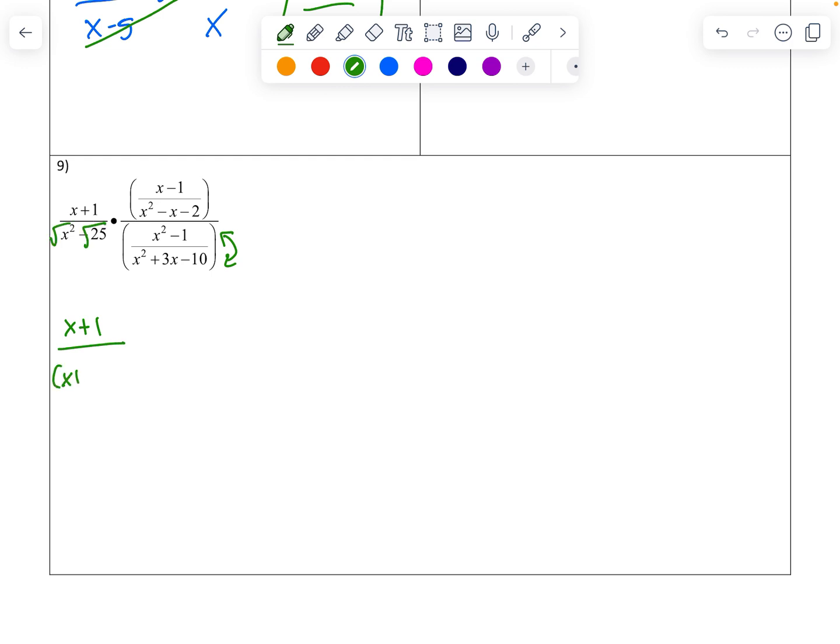So I'm left with x plus 5, x minus 5, times the top fraction, the x minus 1 stays the same. This bottom is a trinomial, so I can try to factor it. So we've got -2, -1. So -2, +1 should work. So I've got x minus 2, x plus 1.